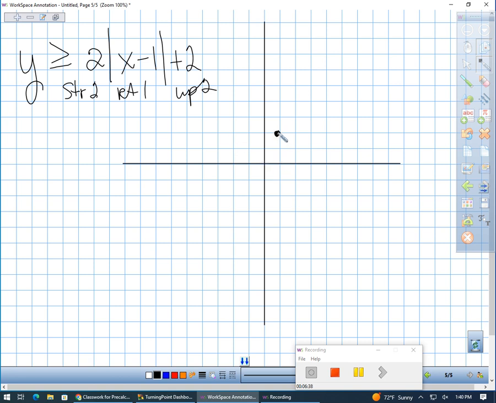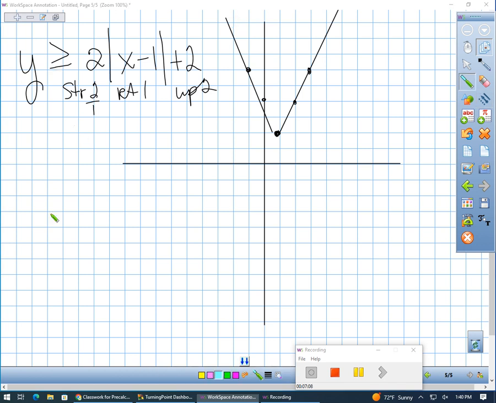Starts right here. Then our stretch means that our slope is 2 over 1. We're going to go up 2 and to the right 1. Then we go back to our vertex and go up 2 and to the left 1. Now when we go to connect our dots, this time we have a greater than or equal to, which means we want a solid line through those points.